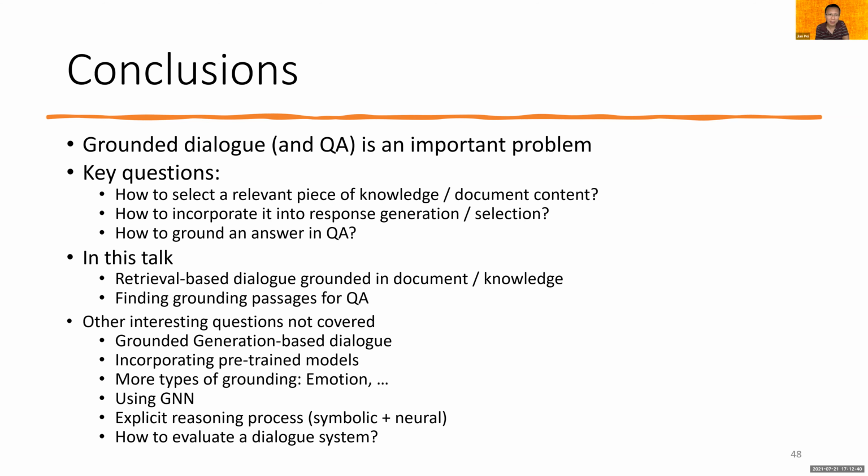And the second thing is, during the conversation to ground those concepts or pieces of information, how can we make sure the agent does not conflict with itself during the whole conversation process?